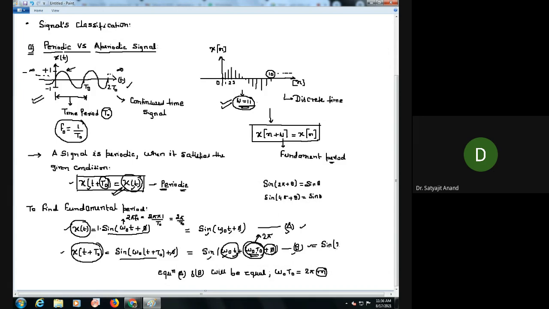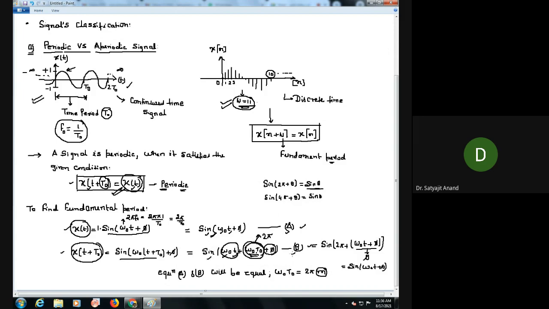This way I will write sine of 2 pi plus omega naught t plus phi, and assume the latter as a new quantity, phi. Sine of 2 pi plus phi gives you sine phi. So phi is omega naught t plus phi, that is sine omega naught t plus phi, and this is exactly the same as what we have written in equation A.